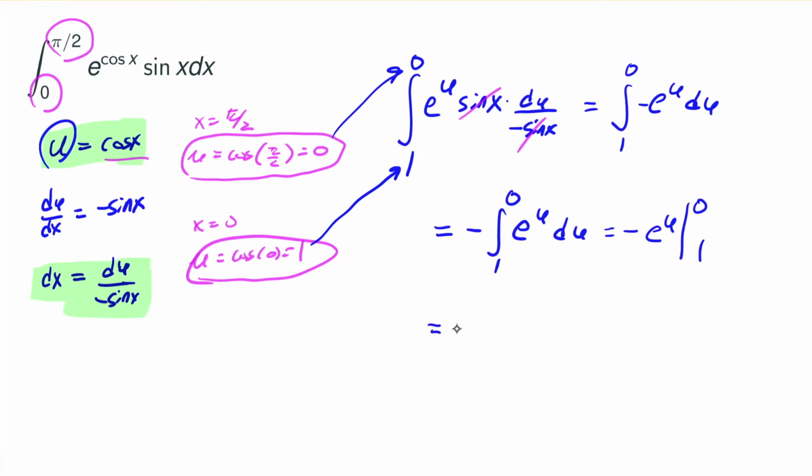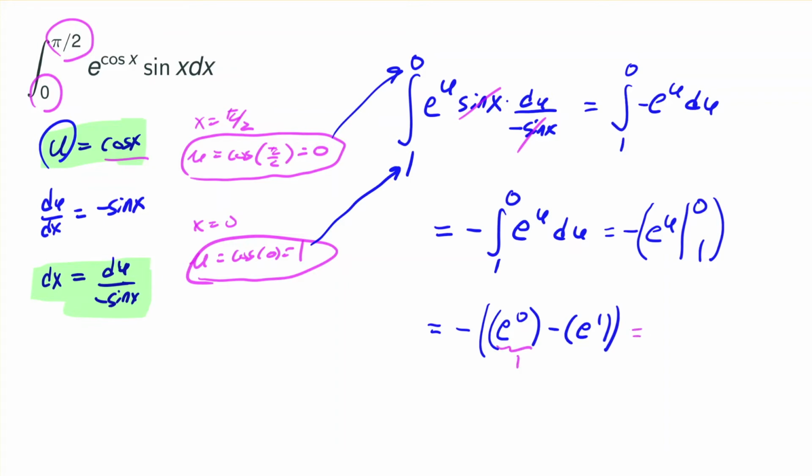So then I plug in, so maybe you should write it this way. Negative of e to the 0 minus e to the 1. Anything to the 0 power is 1, so this is just 1.